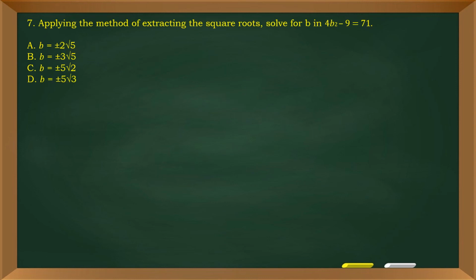Another, applying the method of extracting the square roots, solve for b in 4b squared minus 9 equals 71. Rewriting the original equation, 4b squared minus 9 equals 71. Then gradually leaving our variable b alone. First we combine similar terms, transposing 9 to the other side of the equation, so that becomes 71 plus 9.